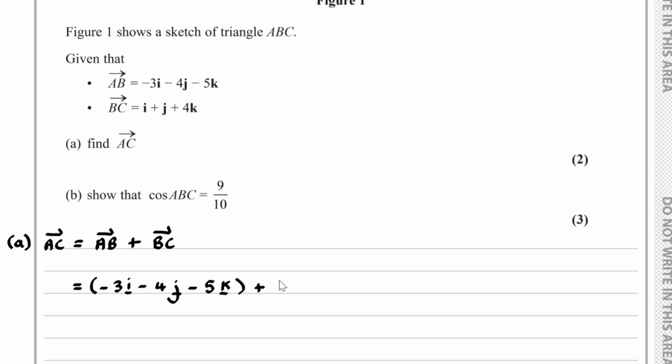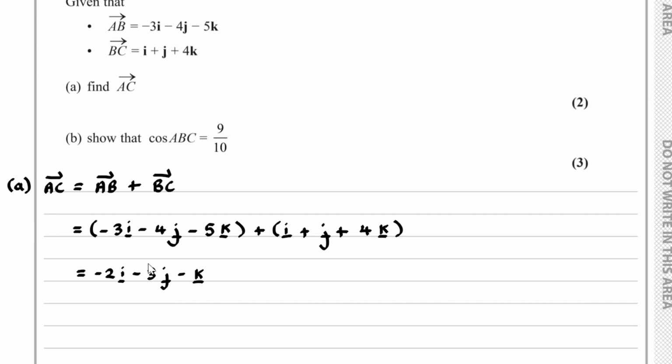We know the vector BC is i plus j plus 4k, and therefore the vector AC, we've got minus 3i plus i, which is minus 2i, minus 4j plus j is minus 3j, and minus 5k plus 4k, that's minus k. Here is the vector AC.